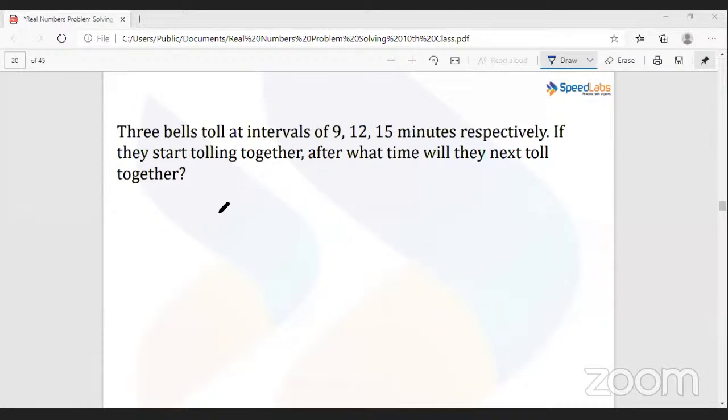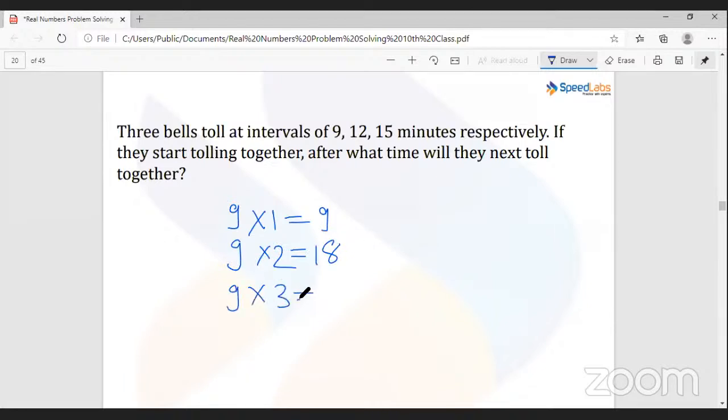It is given that 3 bells toll at intervals of 9, 12, 15 minutes respectively. So if I see the first bell, it tolls at 9 minutes, then after 18 minutes, and third after 27 minutes.